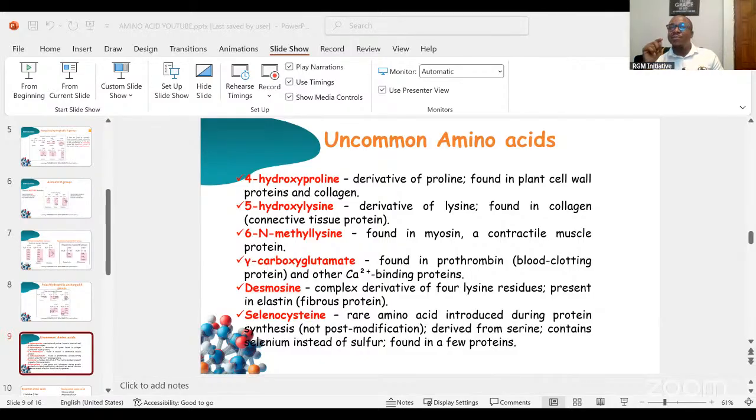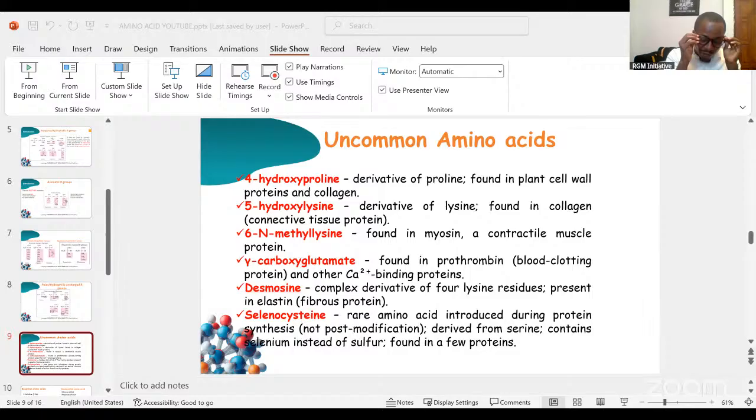The enzyme proline hydroxylase hydroxylates proline. And without the hydroxylation of proline, proline cannot form the fiber that is called collagen. So without proper synthesis of collagen, as a result of the deficiency of vitamin C, you get fragile collagen.